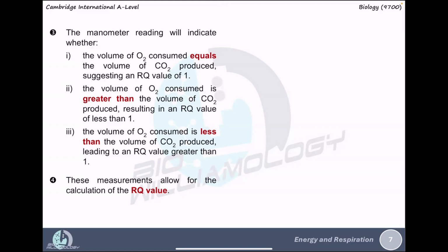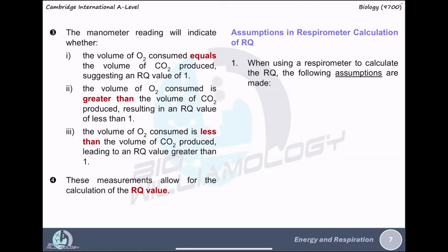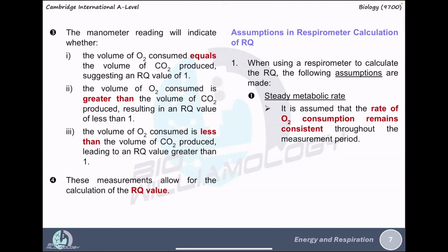However, in order to make our calculated RQ value valid, there are some assumptions. What are the assumptions in respirometer calculations of RQ? When using a respirometer to calculate the RQ value, the following assumptions are made. First, steady metabolic rate.